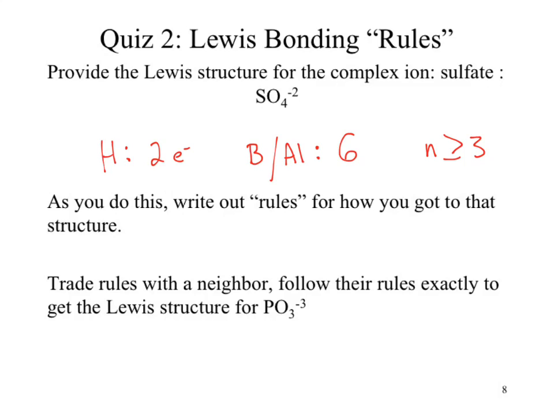Everybody, oh man, the spacing is horrible. It's our energy level, which means ultimately our row on our periodic table. Okay, row. Where's sulfur? 3rd row. What can sulfur do? It can expand its octet.